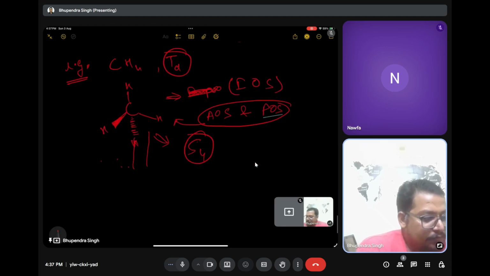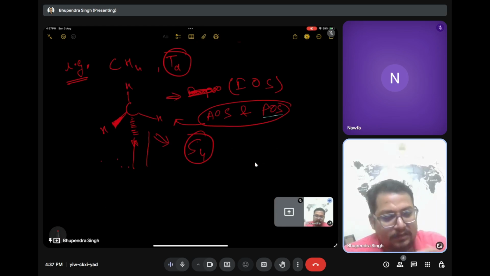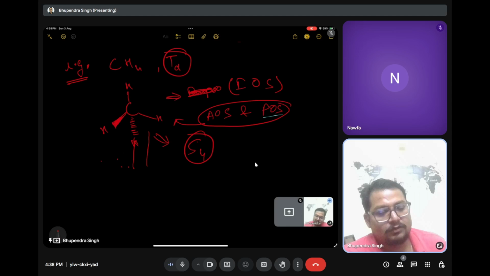So for S4, I'm doing a back calculation. For this molecule, I know S4, an improper axis of symmetry, is there. Then I try to find out whether a proper axis of symmetry and a plane of symmetry are present or not.